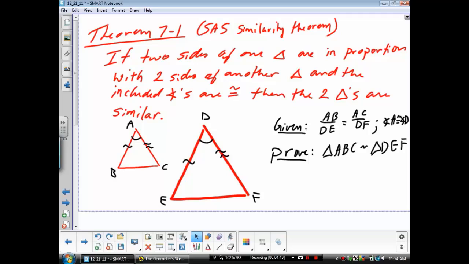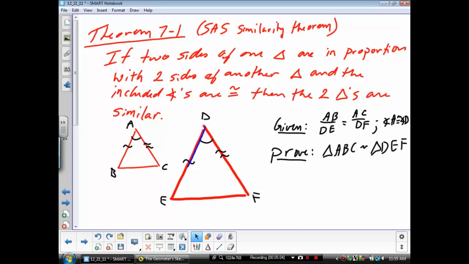Now, what we are going to do is we're going to locate a point X on DE, so that the length of DX is equal to the length of AB.